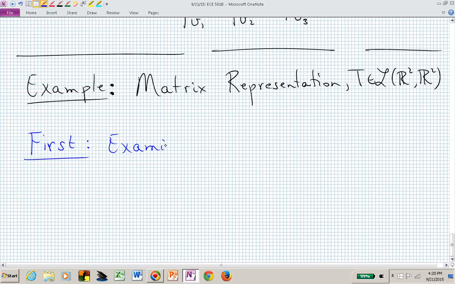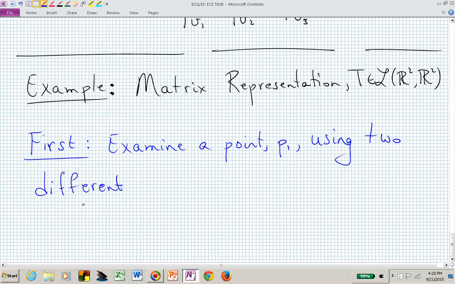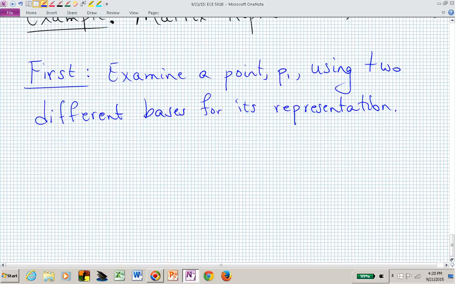Let's examine a point, which I'm going to call P sub 1, using two different bases for its representation. Let me see if I can draw this.